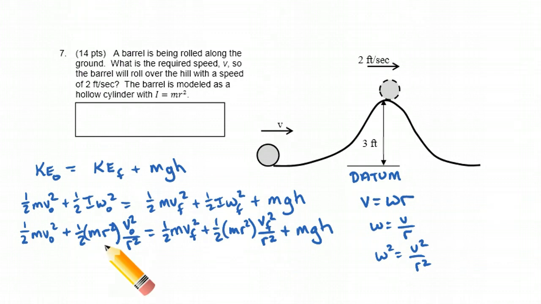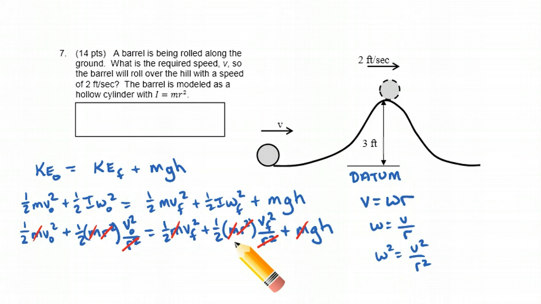Okay, let's see what cancels out. Mass here, mass here, mass here, mass here, mass here, so that all cancels. It has to be in every term, so we divide through by mass. We have r squared here and r squared there, so that's how the r gets eliminated in those two terms.